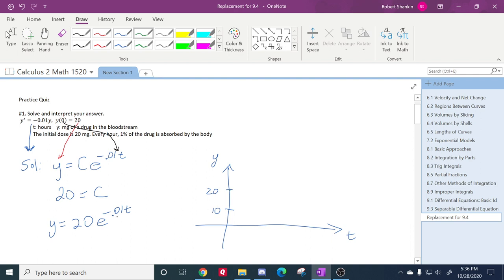And as time goes on, it keeps getting less and less and less. This should either come down to the t-axis like this, in a concave down manner, or it should come down like this, in a concave up manner. So, which way should it come? Down to the t-axis.